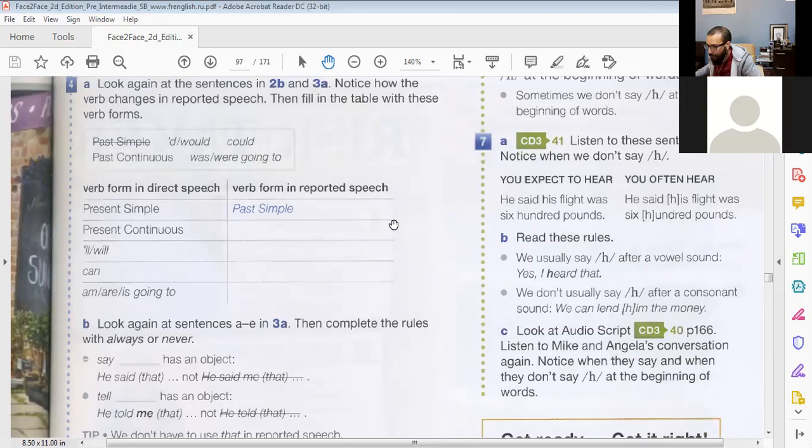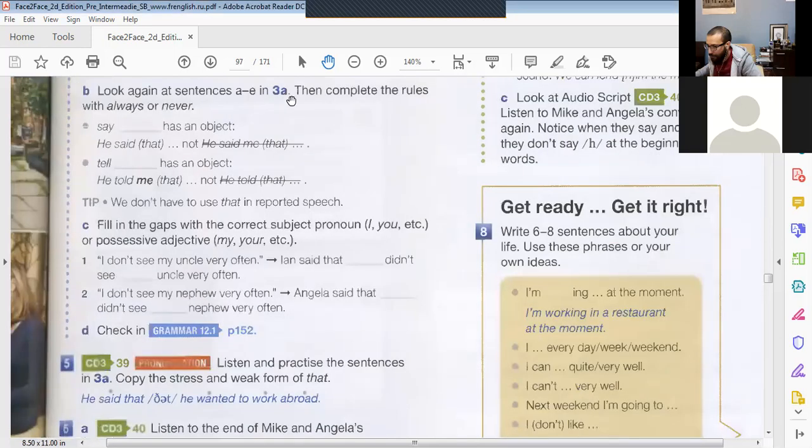Now, the second part, it says, look again at the sentences, then complete these rules. So here's what we need to use in the rules. We need to use always, or we need to use never. So we have two verbs. I'm sure you noticed that when Mike was telling his wife, Mike used these two verbs, right? He used say and tell, said and told.